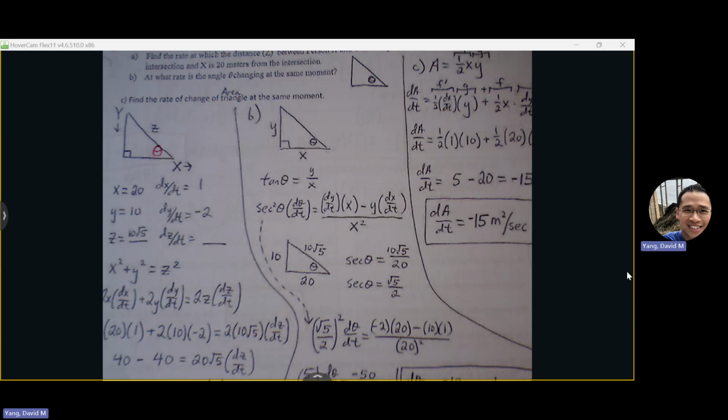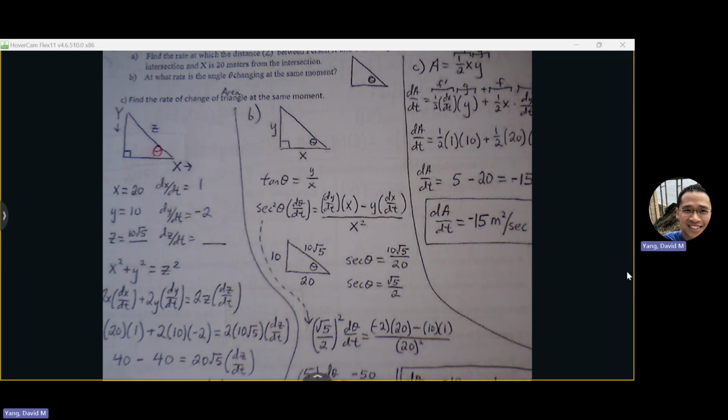But theta is in that bottom corner there. And if we're trying to find d theta dt, we have to create a trig equation that hits theta and two sides. So we want to use the two sides where original information is given. So in this case, we want to use tangent. Okay, so tangent of theta is equal to y over x. These are the variables.